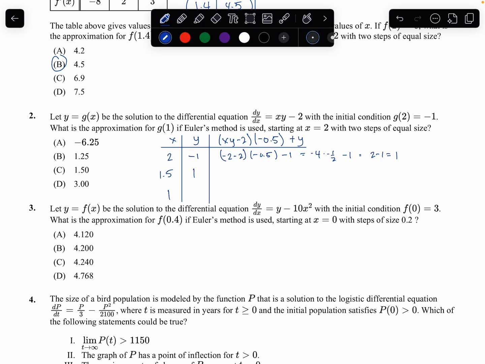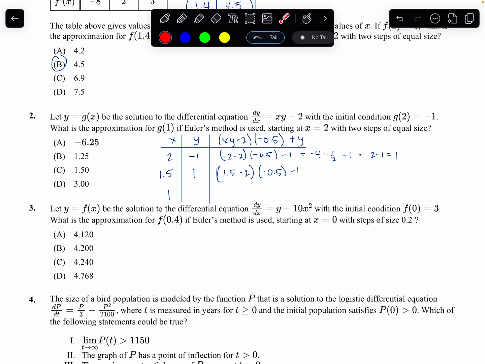And then we're going to have 1.5 times 1, so that's just going to be 1.5 minus 2 times negative 0.5 minus 1. Apparently I got the wrong answer because I don't see it there. I got negative 0.75, so let me double check.